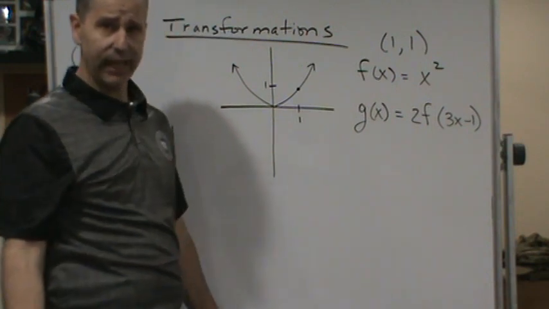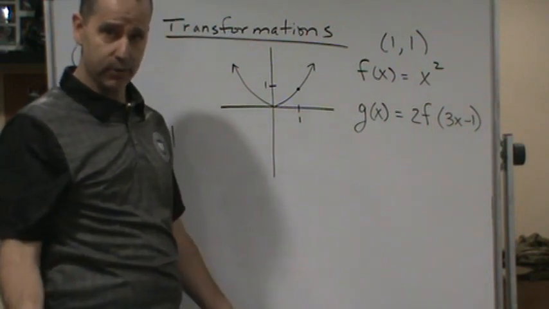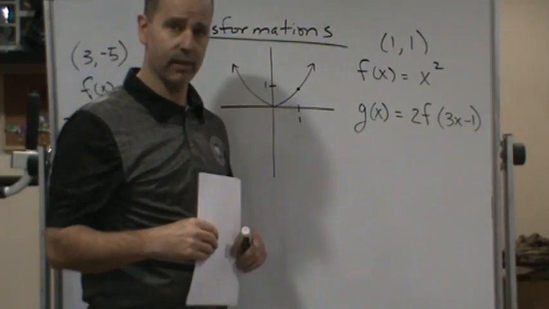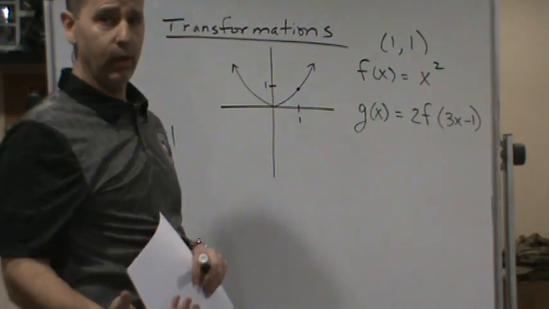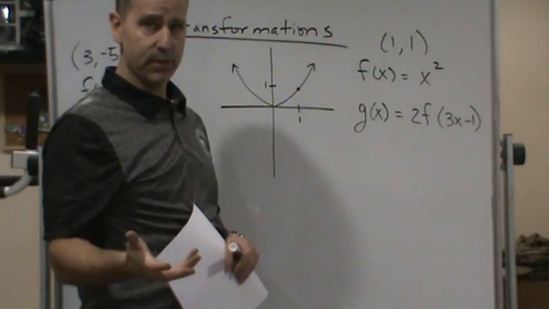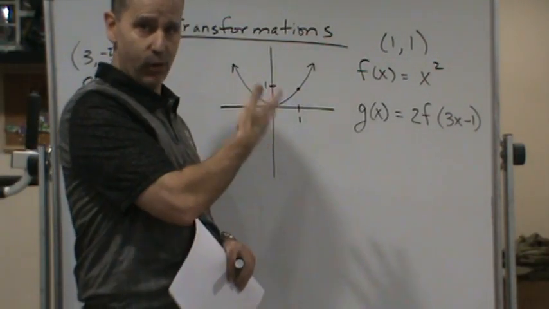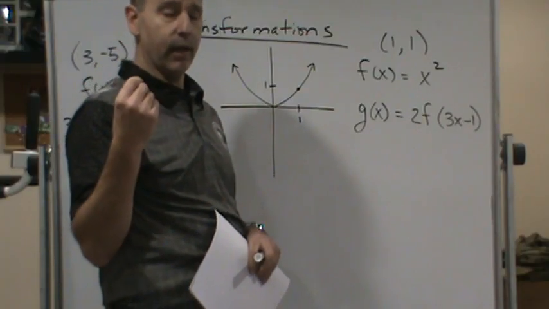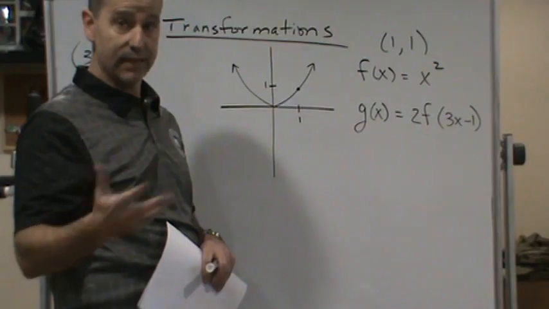That's easy to understand when you're dealing with the y's. When you're dealing with what happens with the x's, it's less intuitive. It's actually opposite of what you would think. When you're dealing with y's, it's exactly what you would think. With inside the function, it's opposite what you think.